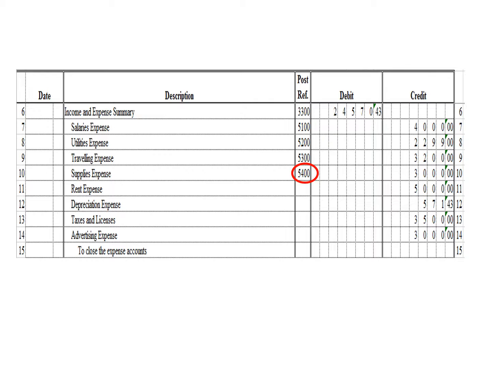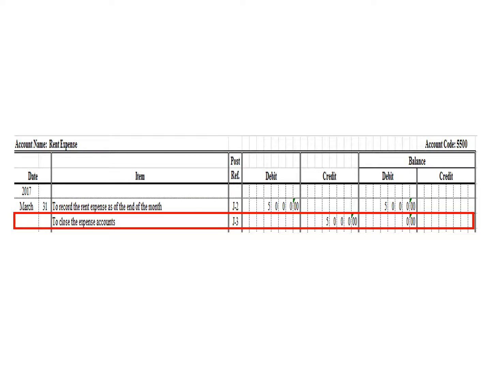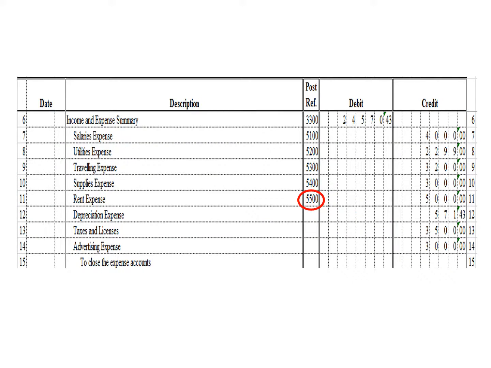Let us post the next credit entry. In the rent expense ledger, write the description to close the expense accounts. Write the posting reference J3. Under the credit column, write the amount 5,000 pesos. In the balance section under the debit column, write 0. After posting the credit entry to rent expense, write the posting reference 5500, the account code for rent expense.